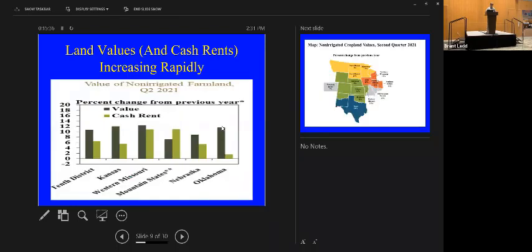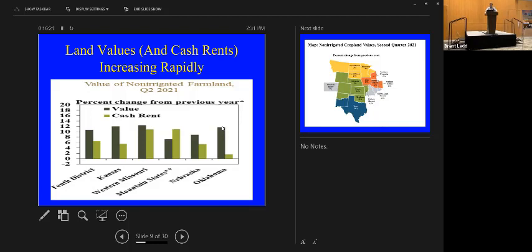Based on some survey work done by the Kansas City Federal Reserve, land values and cash rents here in 2021 are starting to ramp up fairly dramatically. I guess the good news from this graph is, while I think maybe our land sale prices have increased kind of on par with what has happened in other areas of the United States, like is usually the case, our increases in cash rental rates might kind of lag the rest of the ag world, at least the rest of the regions represented on this graph.